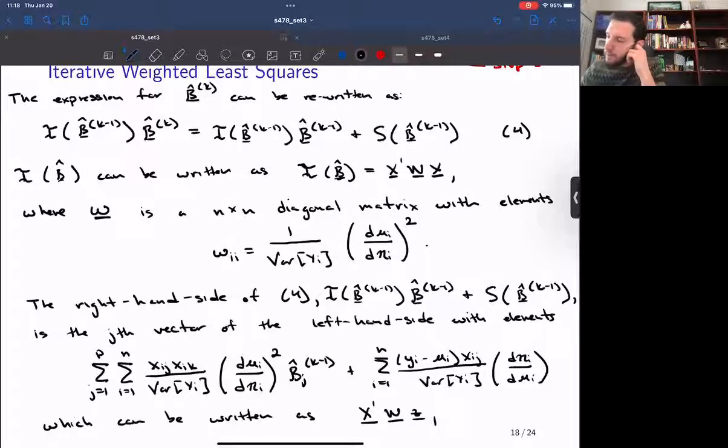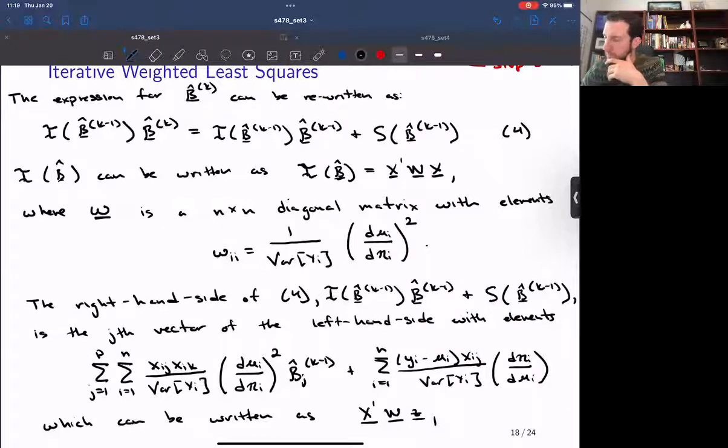Then we note that the information function, based off the definition we have above, can be written as X transpose W X, where W is a diagonal matrix of the form given here. So it's 1 over the variance of y_i multiplied by d mu_i over d eta_i squared. You can compare this to the previous slide to see the relationship between the two.